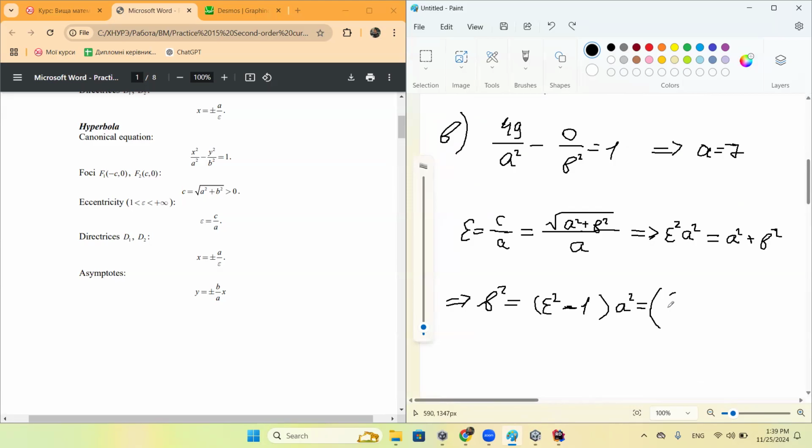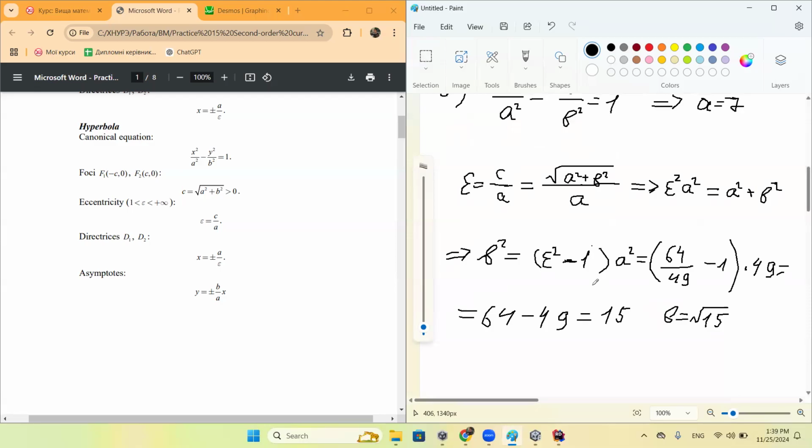So 64 by 49 minus 1 by 49. So it equals 64 minus 49 equals 15. Oh, 15. Yeah, and B respectively equals square root of 15. So A found, B found.